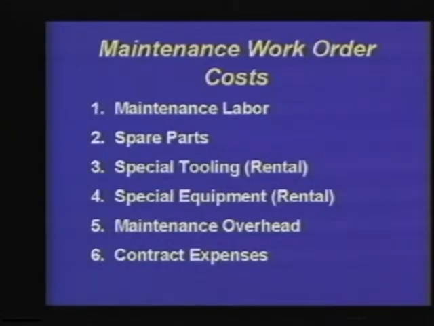And item 7 would be any other cost associated with the maintenance work order. Generally, maintenance work orders would have item 1, the maintenance labor, item 2, the spare parts, and item 5, the maintenance overhead. The other costs are supplemental to those three costs.